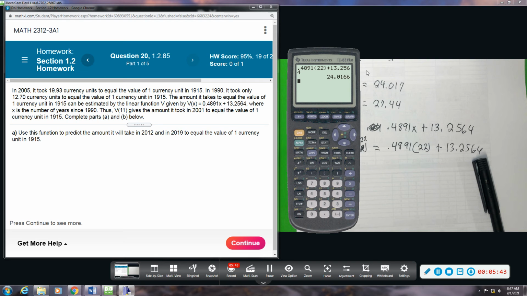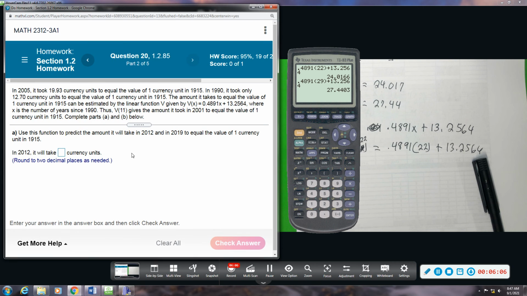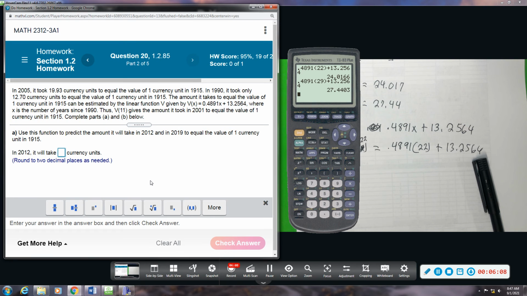And when I hit enter, it gives me 24.0166. If I do second enter, that recalls the last thing you typed in. That'll allow me to type over the 22 and make it a 29, and then we see the 27.44. So you can type it by hand, or you can use that graphing function.